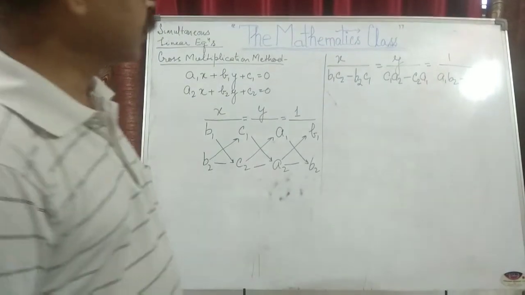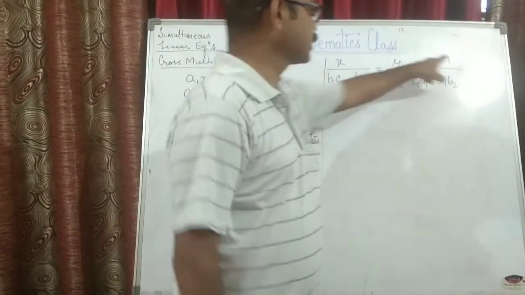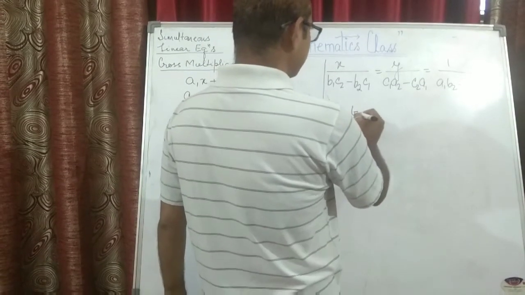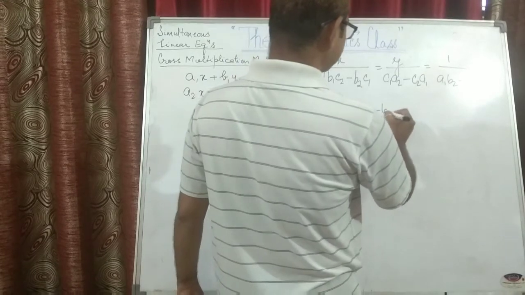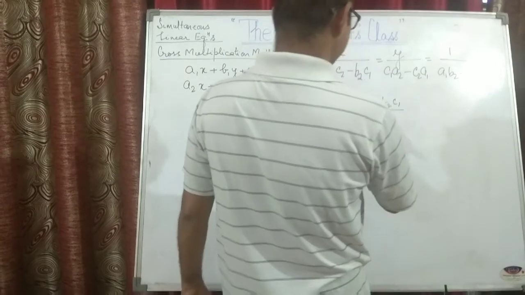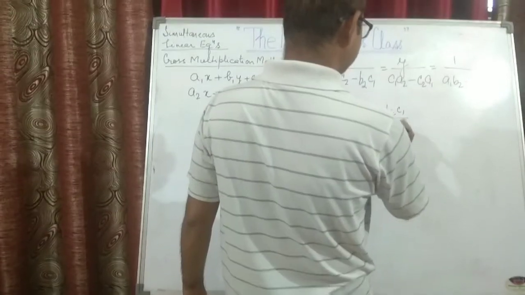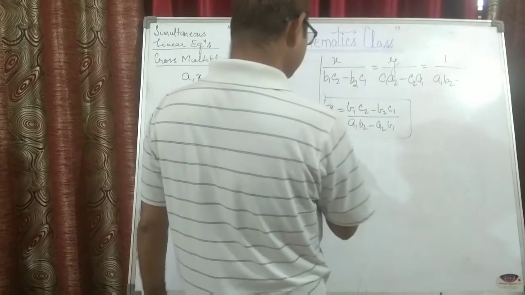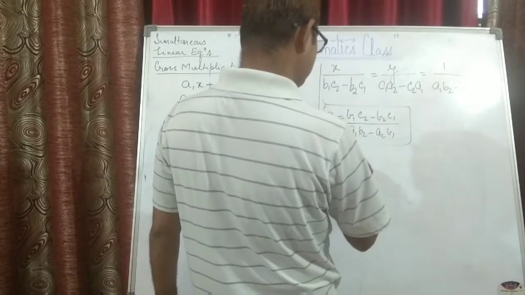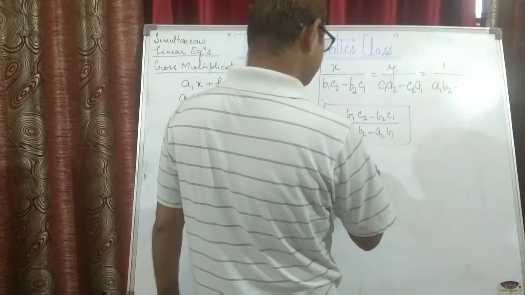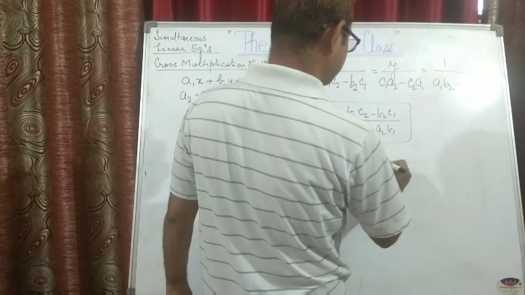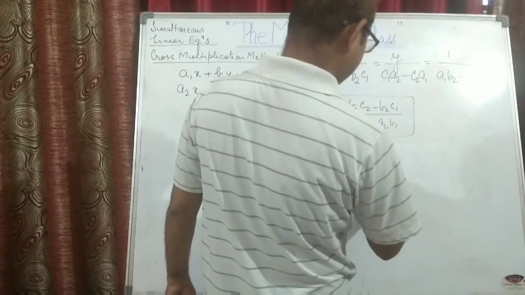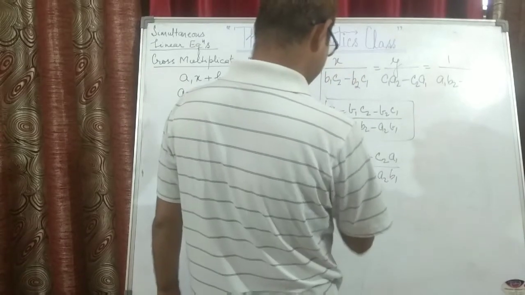Now if you need to find the value of x, this will go to the other side. So x is equal to b1 c2 minus b2 c1 upon a1 b2 minus a2 b1. This is the value of x, and y is equal to c1 a2 minus c2 a1 upon a1 b2 minus a2 b1.